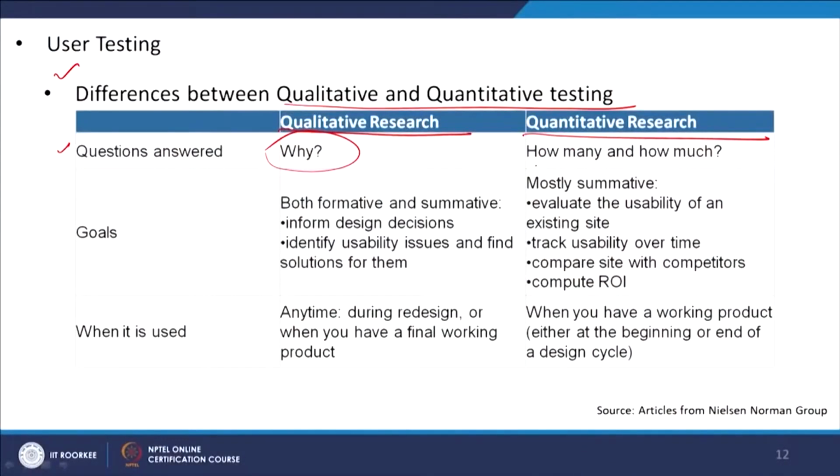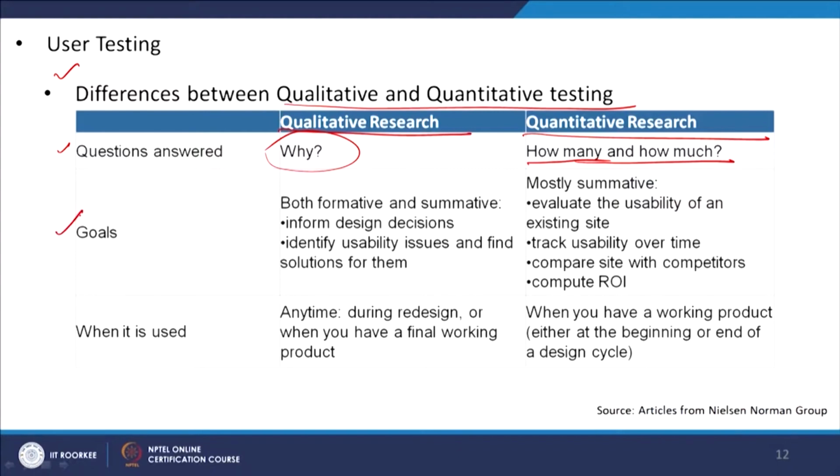When users answer this why, they can give their own opinion, tell what the probable solutions can be and what they are looking for, which can be noted down by the designers, who can take a totally different direction for design from what they were thinking. In quantitative research, it is how many and how much, which leads to a number that can be analyzed statistically.